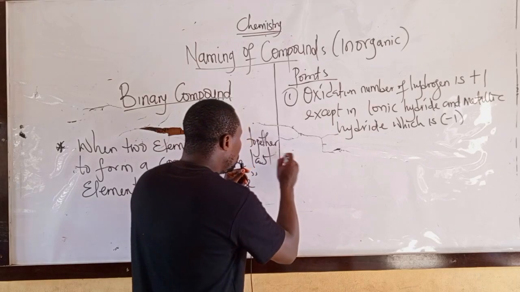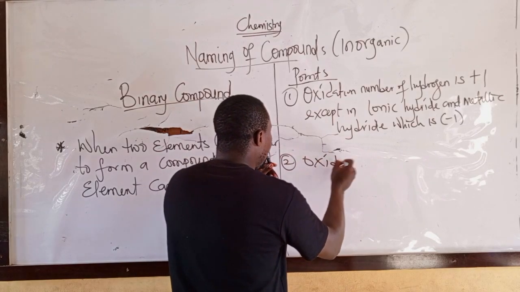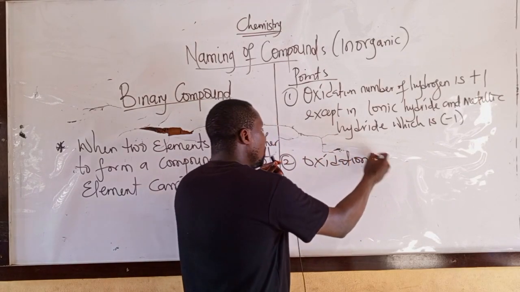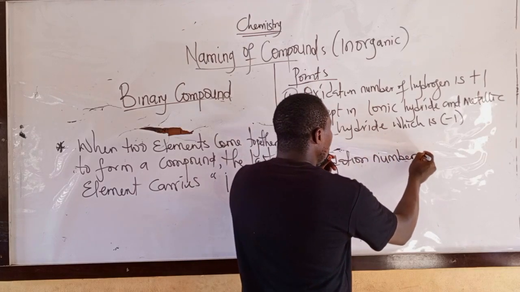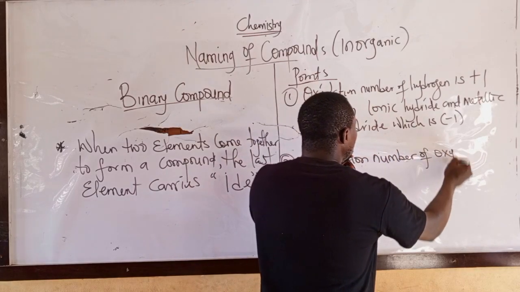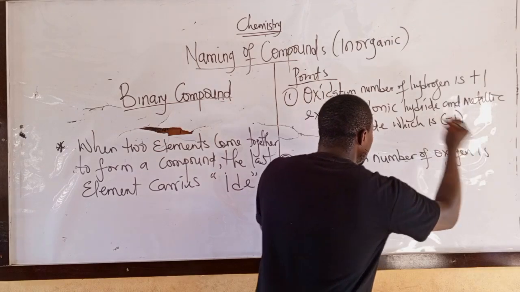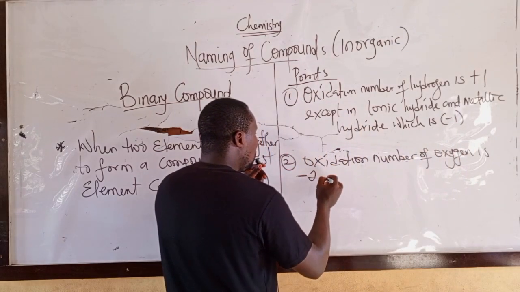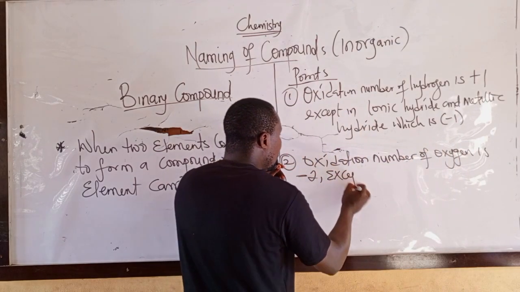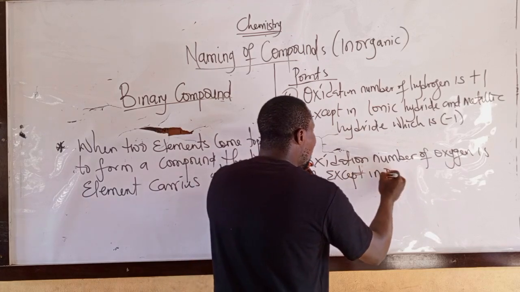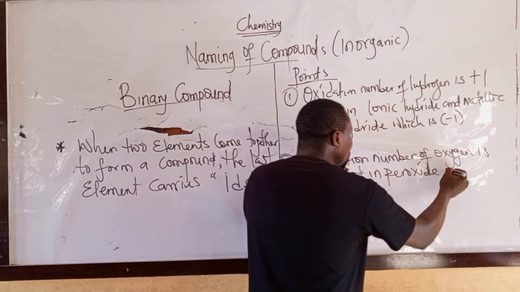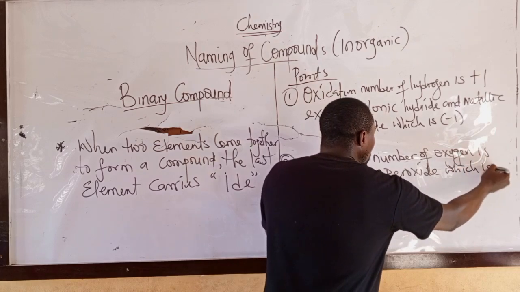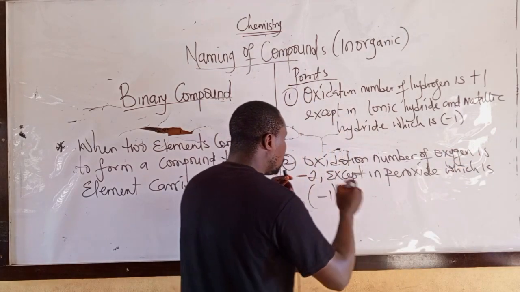Another point, point two: the oxidation number of oxygen is -2, except in peroxide, which is -1. Take note of that.